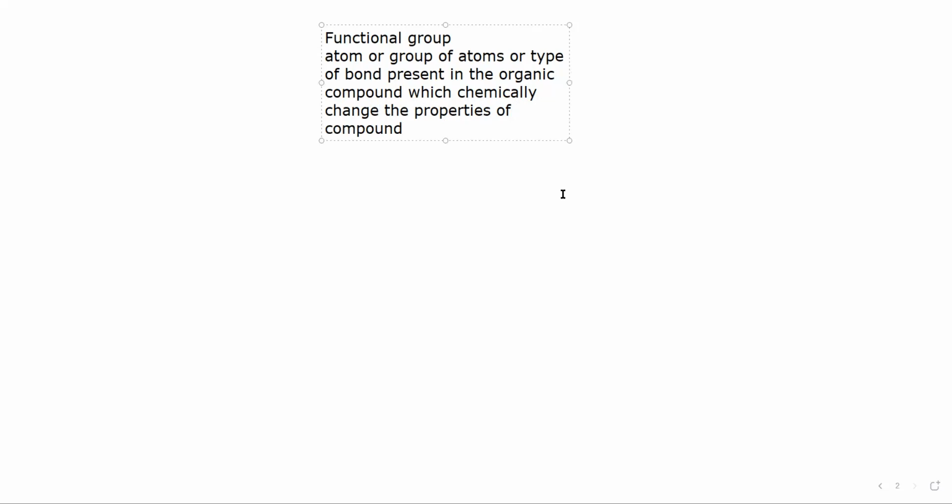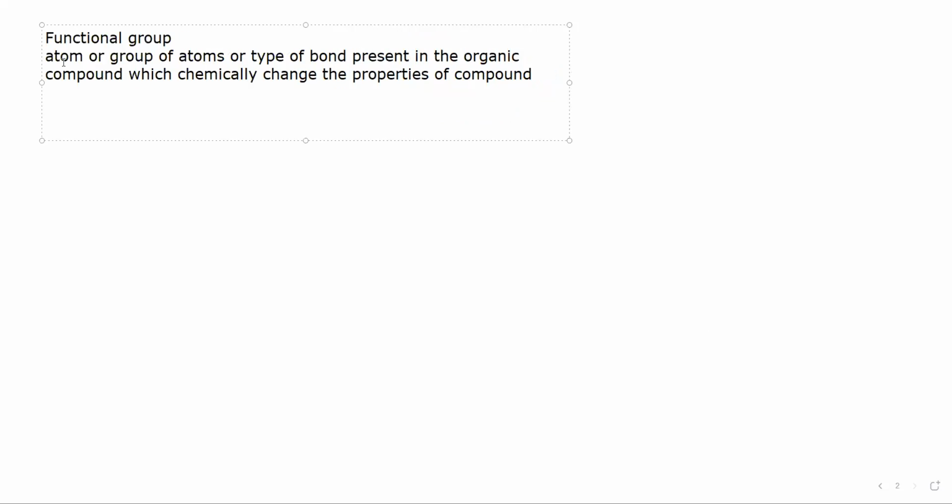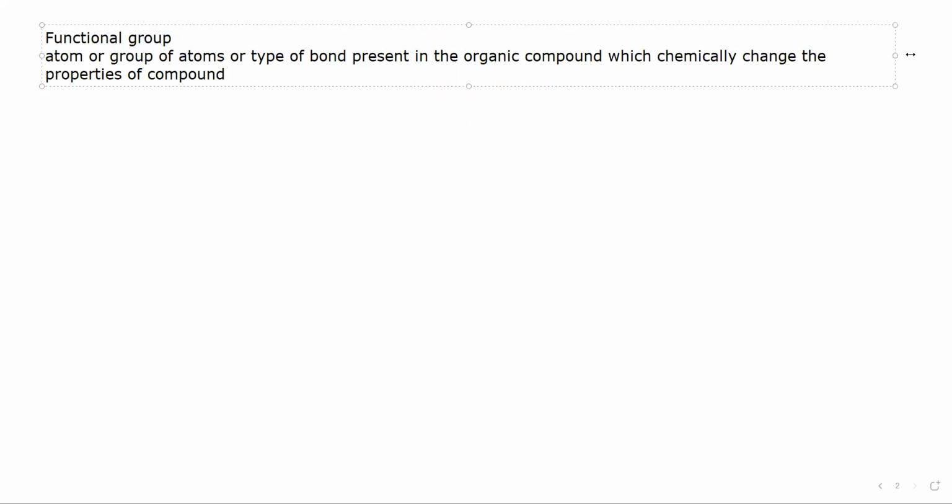So basically, an atom or group of atoms or the type of bond which is present in the structure, and that will change the chemical properties of a compound, we call that a functional group. So you have to learn certain functional groups.